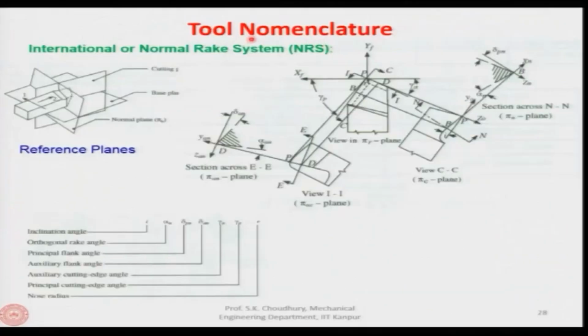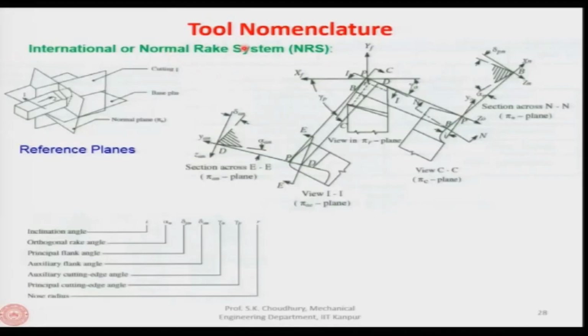Here in the international or normal rake system, this system is closer to the actual processing angles. By actual processing angle we mean the normal working angle when the tool is removing the material. At that time the tool is interacting with the workpiece, and the actual angles that we are getting are more or less given in the normal rake system.